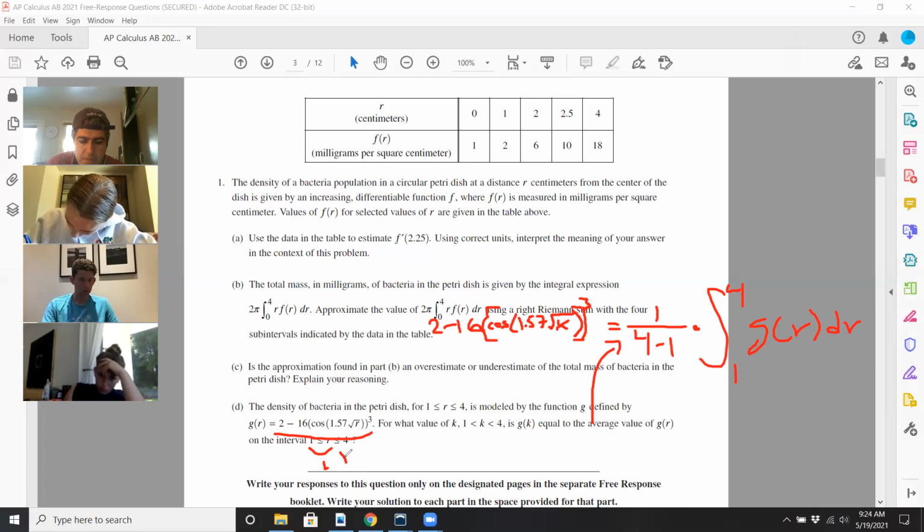Actually, the cosine has to be cubed, so I need to put another parentheses there as well. So be very OCD with your parentheses, please.